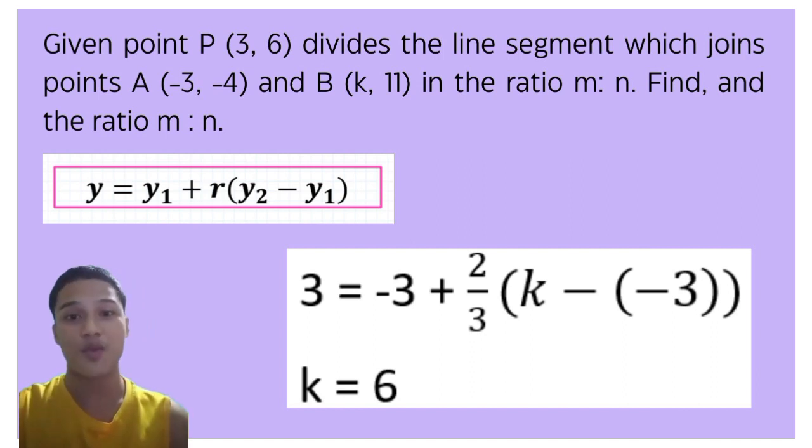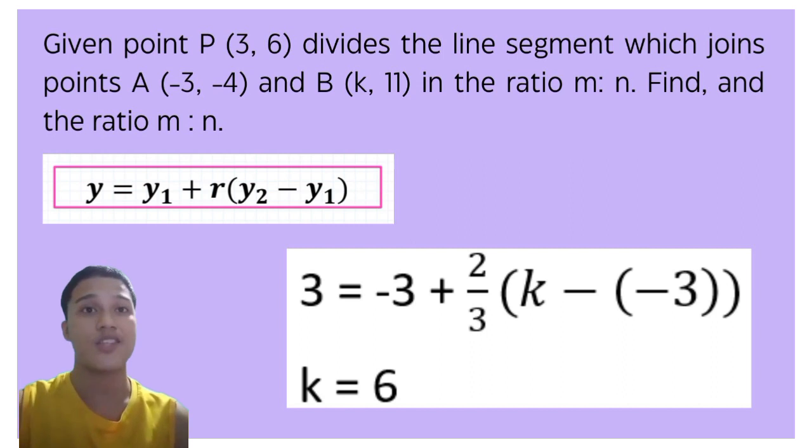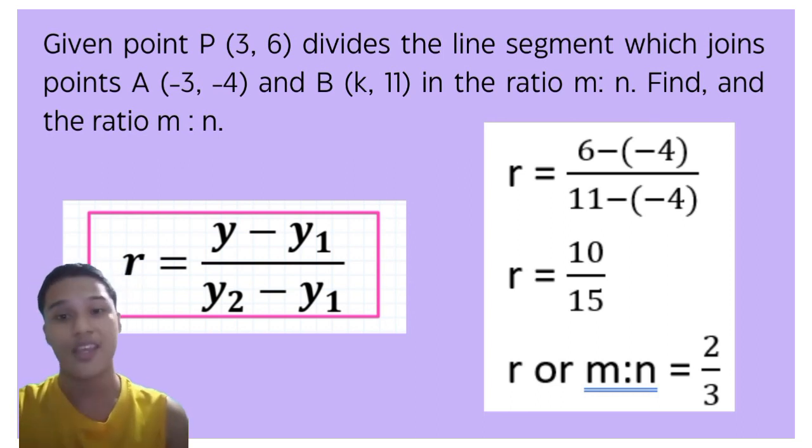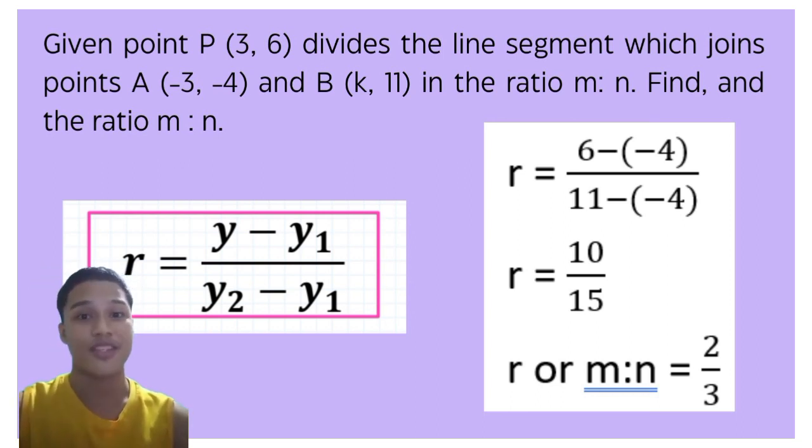After solving it, we will get the answer. So our final answer is the value of K is -6, whereas the ratio, which is m:n, is 2/3.